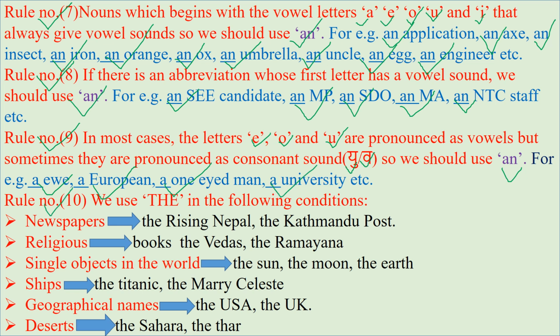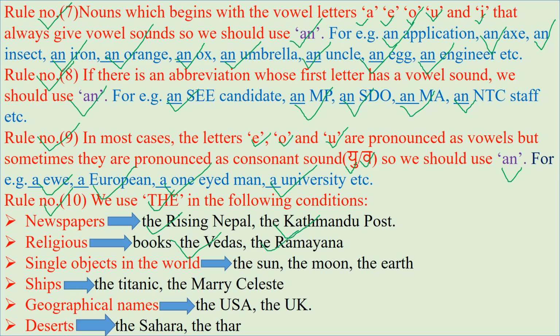Rule number 10. We use the in the following conditions. In front of newspaper names, we should use the: the Rising Nepal, the Kathmandu Post. For religious books: the Vedas, the Ramayana.